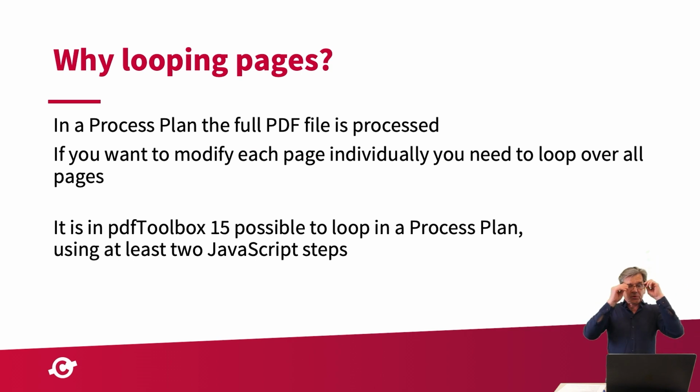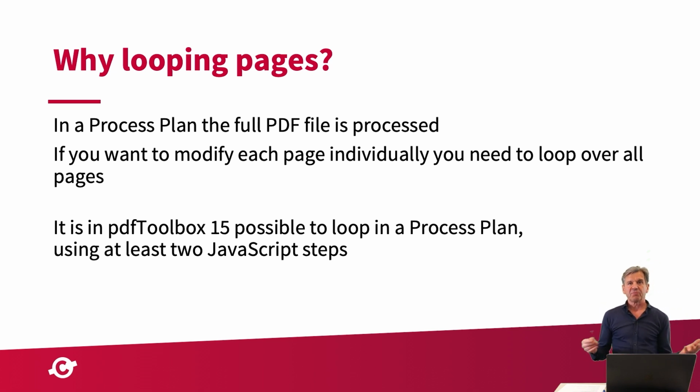So why do we want to do that? In the process plan, normally always the full PDF, meaning all pages in the PDF file, are processed in just one go. And normally that works just fine. But once in a while, you need to process pages individually.